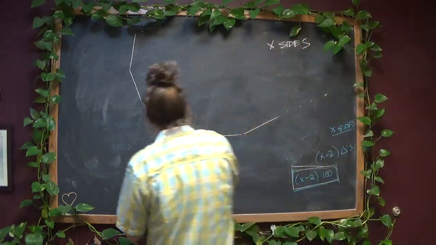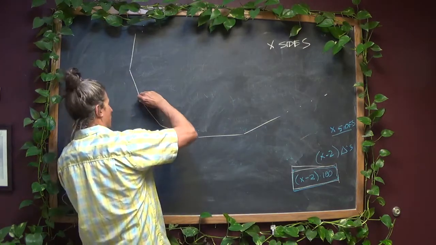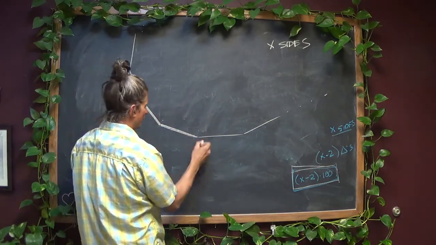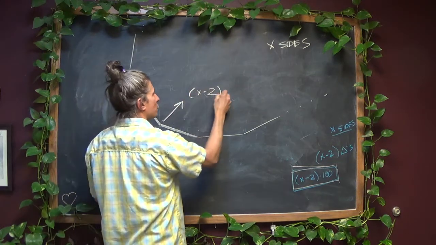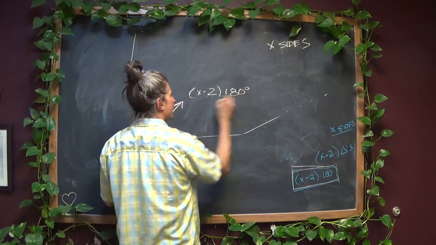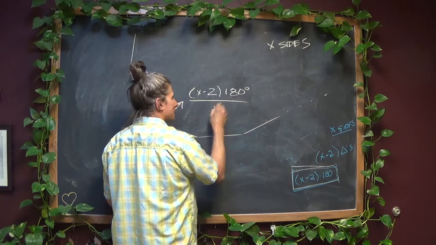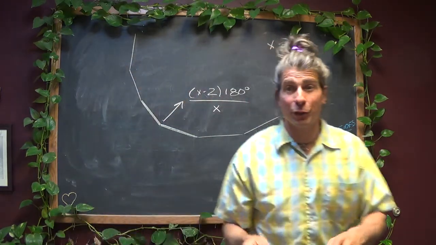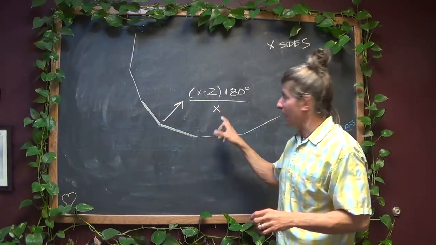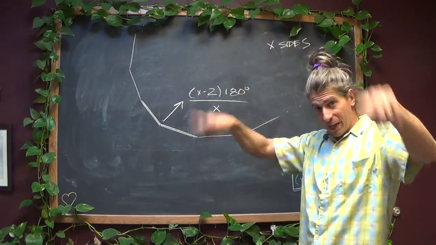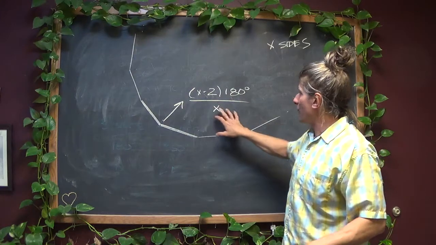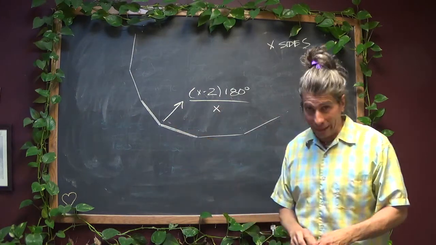I'm going to use this angle as a reference point, because we can get the rest of what we need from this one. This angle right here is x minus 2 times 180 degrees over x. All you'd have to do is plug in the number of sides you want in your construction, and that tells you the measure of that angle right there.